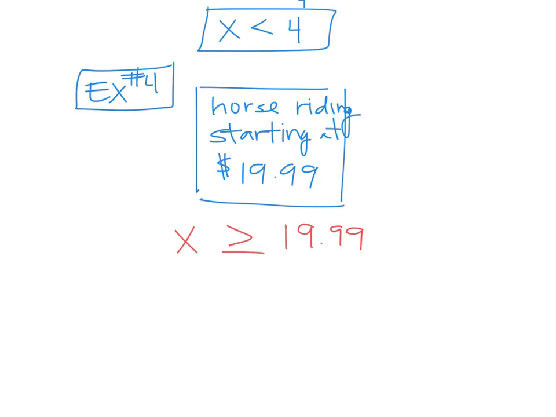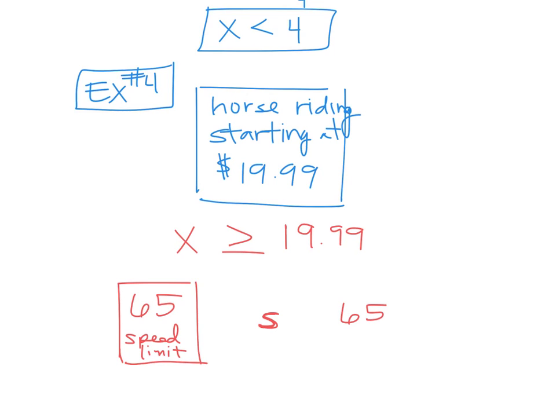What if there was a sign on the freeway that said speed limit? What inequality does that represent? We'll say your speed has to be what? 65 is your number.